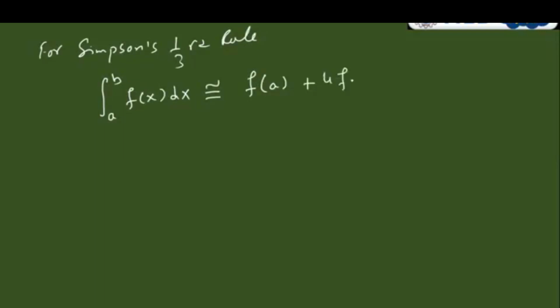Simpson's one-third rule: if I want to integrate f of x dx, that would be approximately equal to f of a plus 4 times f of c, that is the midpoint, plus f of b, and this whole is multiplied by (b minus a) over 3.